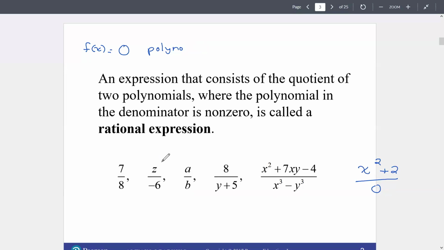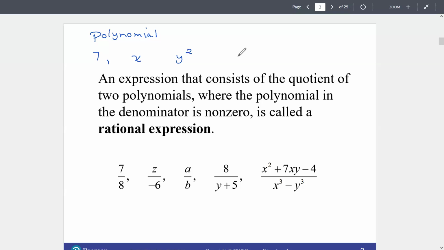Just as a reminder, as we said before, polynomials can simply be something like 7 or x or y squared, but it also could be like y squared plus 2y minus 7. So all we have here is just quotients of polynomials.